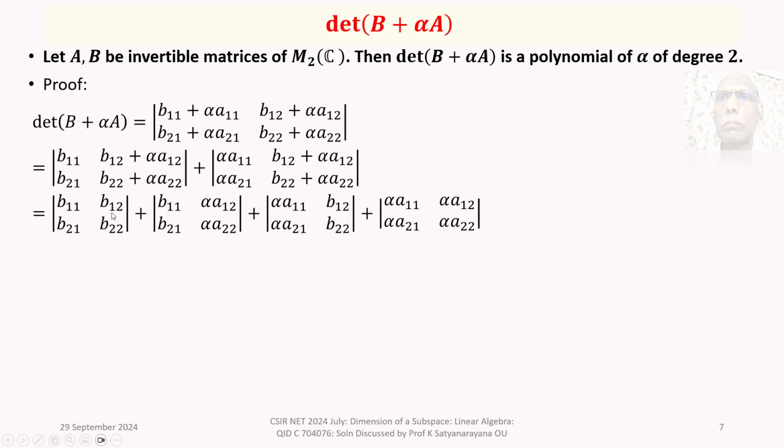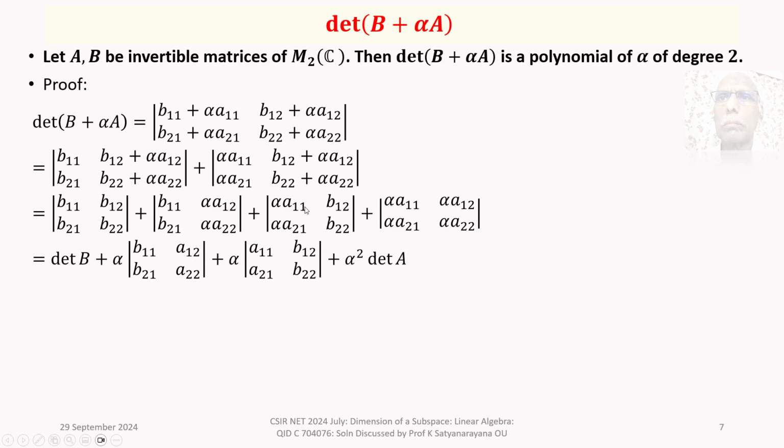The determinant of B, plus alpha times determinant of B11, A12, B21, A22, plus from here alpha times A11, B12, A21, B22, plus alpha from the first column, alpha from the second column, that will be alpha square.